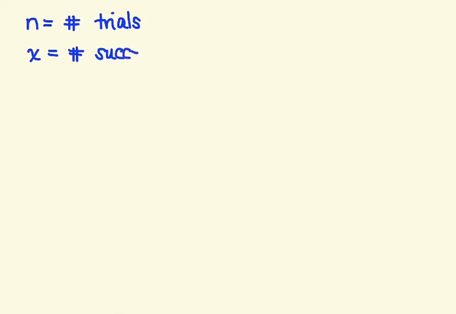So we try something n times, and we'll be looking for one of the 2 outcomes that we call the success. And x represents the number of successes. As a matter of fact, if you think about it, n minus x would give you the number of failures.